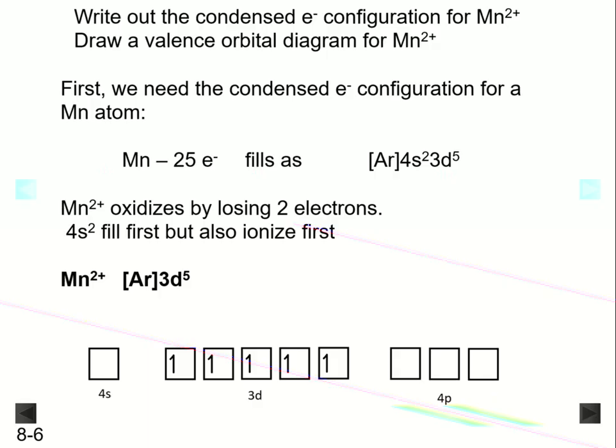According to Hund's rule, they'll all go into separate orbitals, as the 3d are all degenerate, at least in the free atom, in the absence of a magnetic field. And then we'll find that these have a spin that's consistent with 5 unpaired electrons.